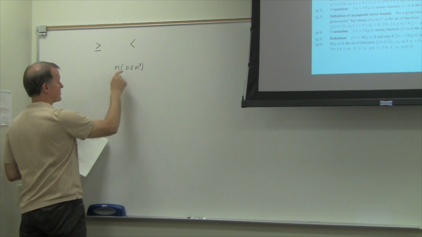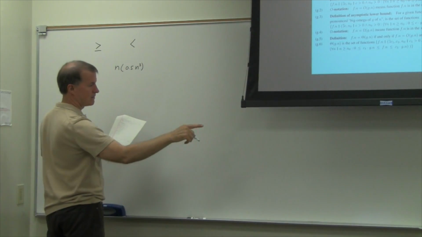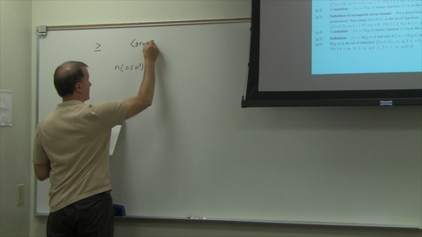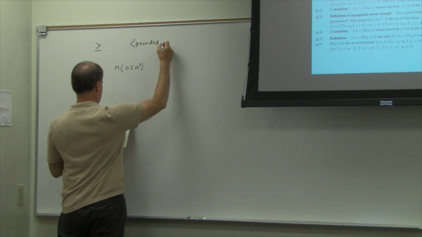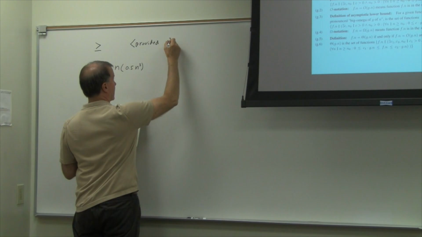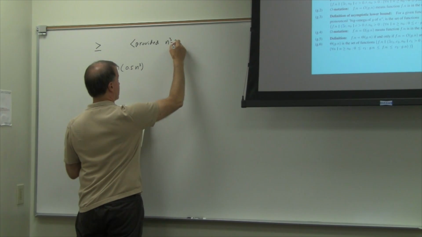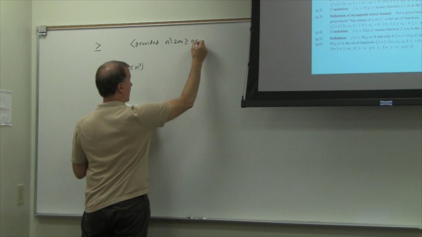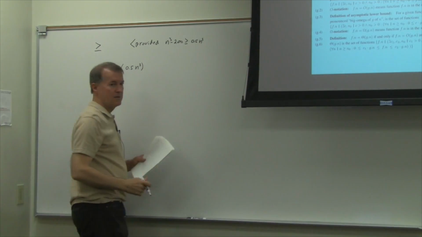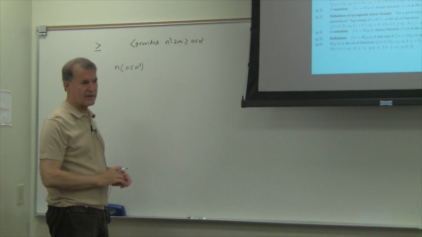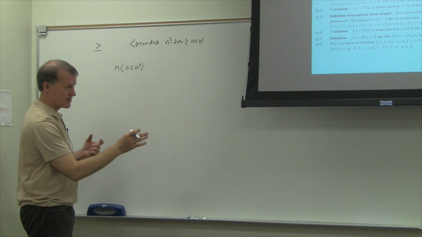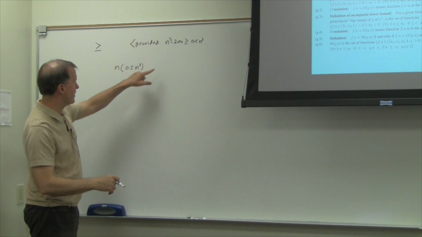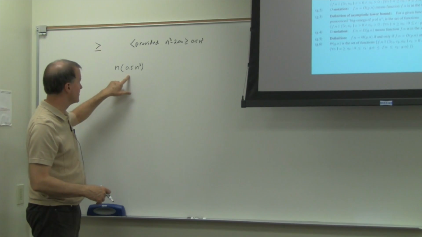That is greater than or equal to this, provided what? N cubed minus 200 is greater than or equal to 0.5 n cubed. Now, does everybody see why that would be? Because it's just times n, right? So provided that n cubed minus 200 is greater than or equal to 0.5 n cubed, that is greater than or equal to this, right?